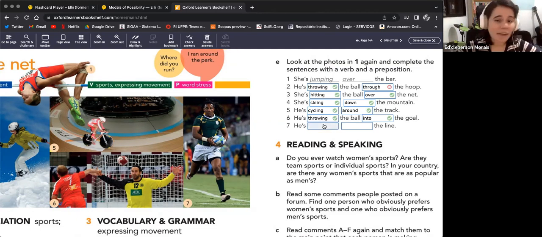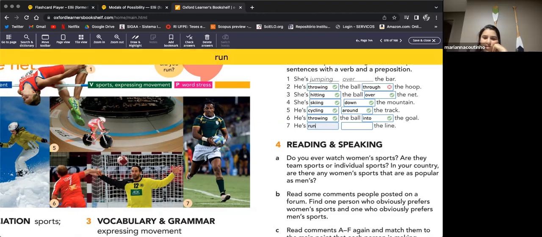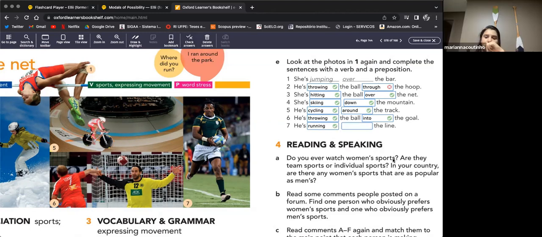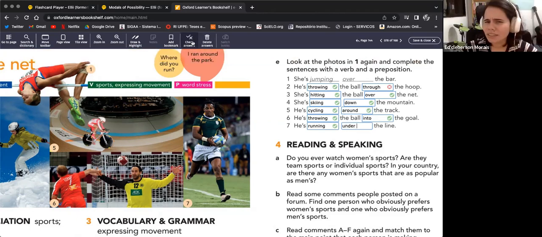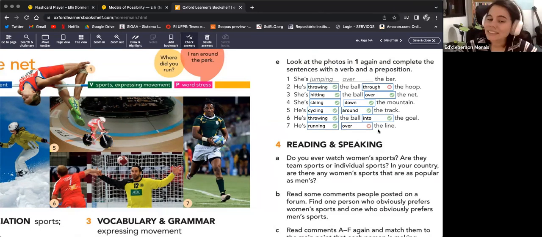And 7. He's running. Running, correct? Under the line. You sure? Under? Over. Under is abaixo. Okay, over. No, because he's passing. Okay, crossing.